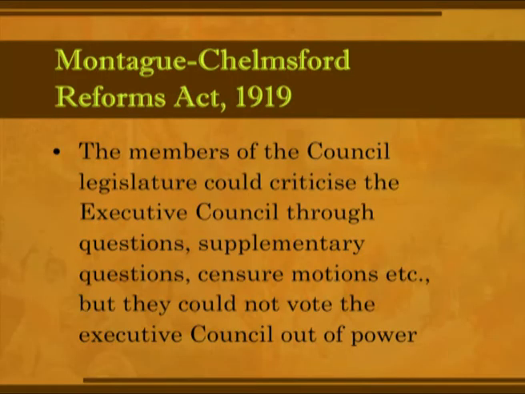No doubt the members of the legislature could criticize the Executive Council through questions, supplementary questions, censure motions, etc. But they could not vote the Executive Council out of power. Further, the Governor General continued to enjoy a position of dominance in the council.